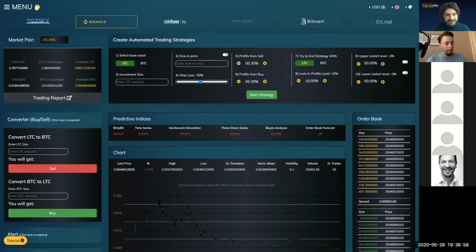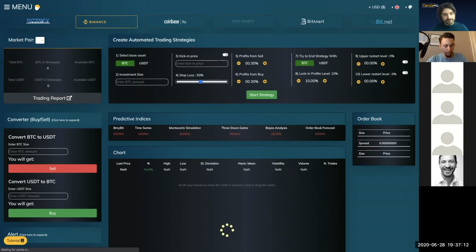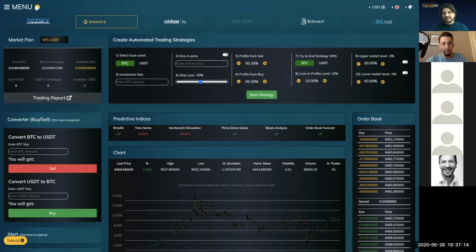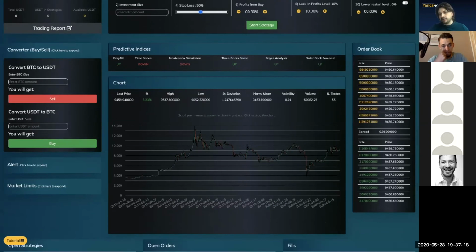This guy spotted, and we actually thank him, a small glitch within the ticking price. Because if I put, let's go on a simple pair, which is going to make sense for all of you guys, Bitcoin USDT, okay. If I start a strategy right now with whatever Bitcoin amount, the price is going to float between 9,458 and 9,458, right?